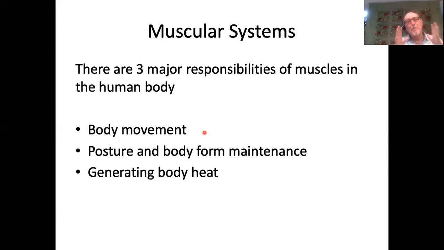That baseline contraction we call the muscle tone. And muscle tone is seldom entirely lost until somebody dies. But muscle is continually active and when the metabolic processes are going on, the muscle will be generating heat, which is what we use to maintain our constant body temperature.